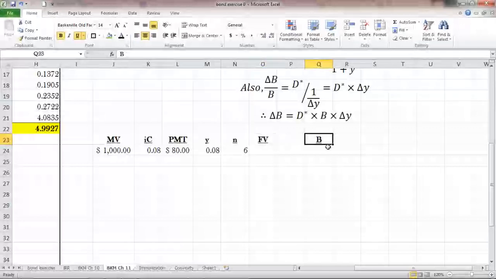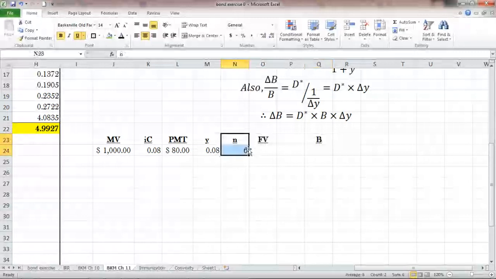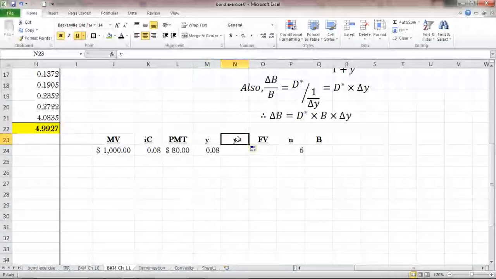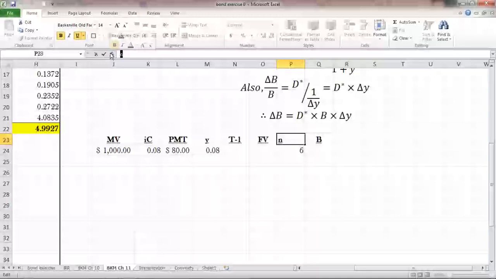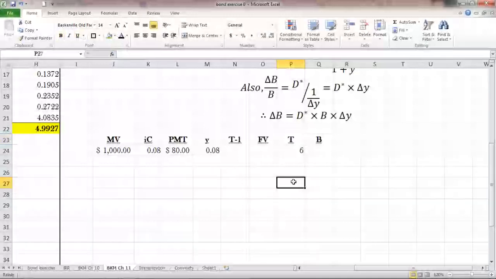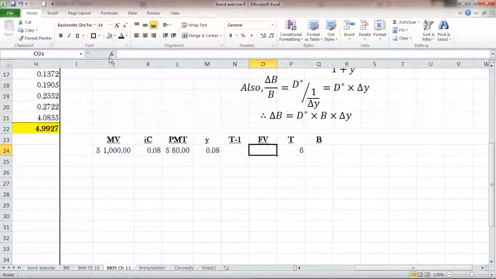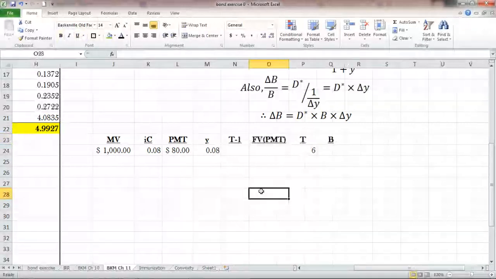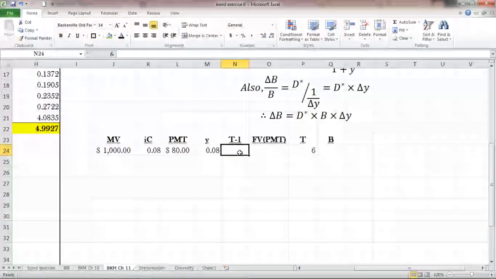And T minus 1. Okay. So you see T terminal time, that's the maturity of this bond, but we want to find first the future value of payments at the end of year 5. T minus 1 is this minus 1.